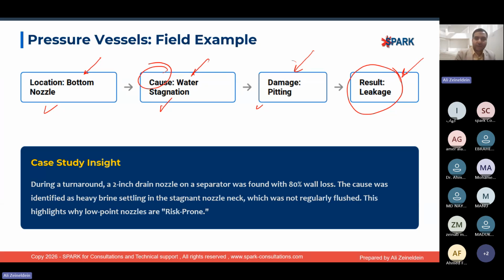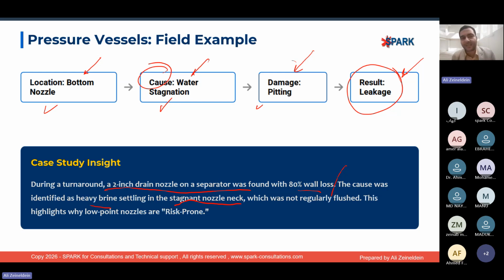For example, during turnarounds, a 2-inch drain nozzle on the separator was found with around 80% wall loss. The main reason identified at that time was heavy brine settling, a stagnant condition at this nozzle neck.